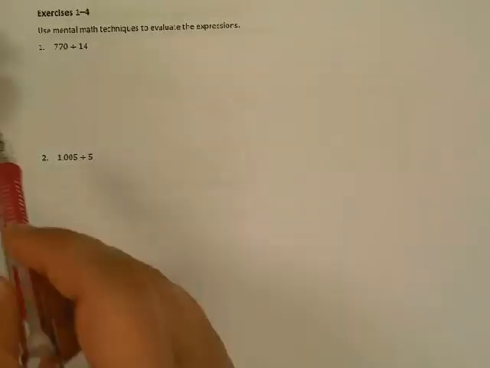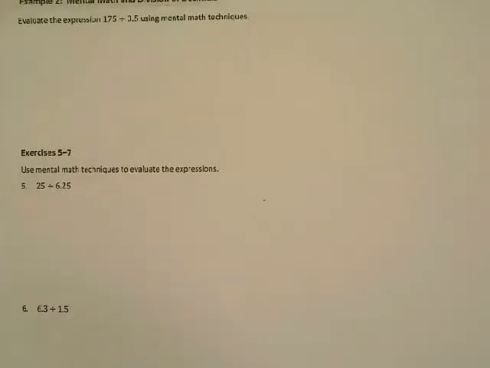I want you to do 1 through 4 on page 69, and on page 70 I want you to do 5, 6, and 7. Go ahead and take the time and do that with a partner now. Work it out, pause the video, and then come back and check your work before we move on to the next portion of today's lesson.